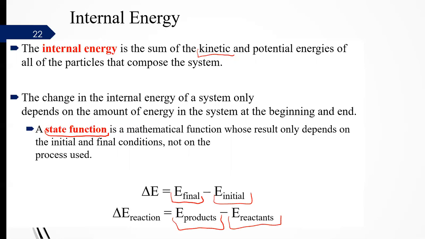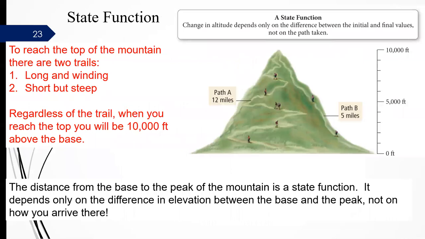So let's talk about state functions first, and then we'll talk a little bit about how that works with our system. So an example of a state function is kind of us walking to the top of a mountain. So as we walk to the top of a mountain, we have two options. We can take a long and winding path, path A, which takes about 12 miles.